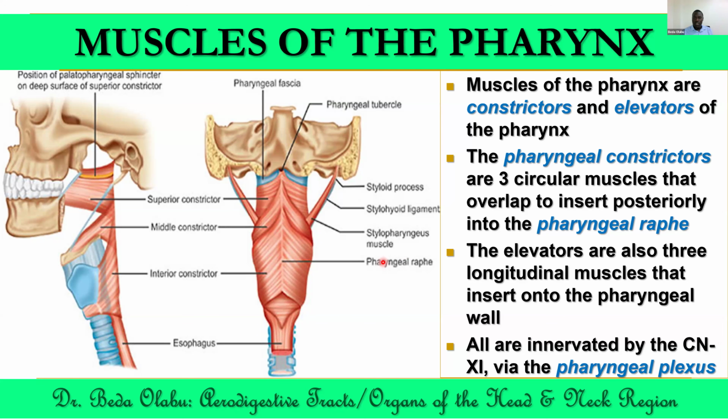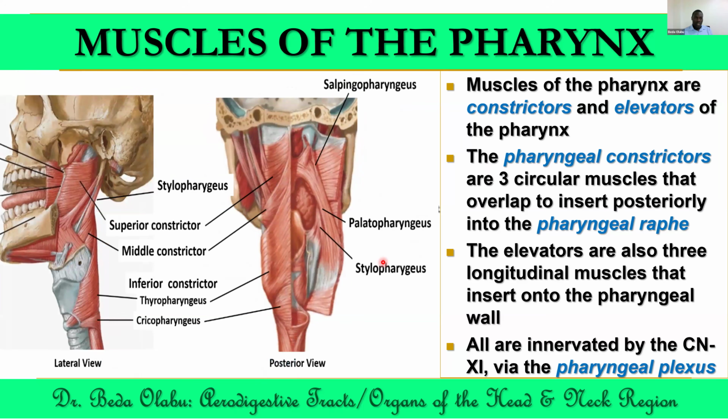Take note that the longitudinal muscles will raise the pharynx up, so they are elevators. The constrictor muscles will narrow the cavity of the pharynx when they contract, so they are constrictors. This image shows you the longitudinal muscles.